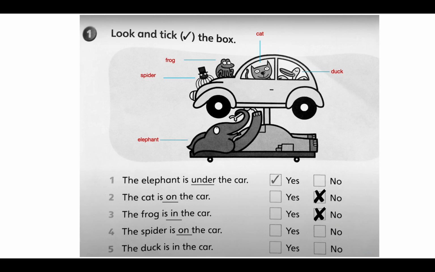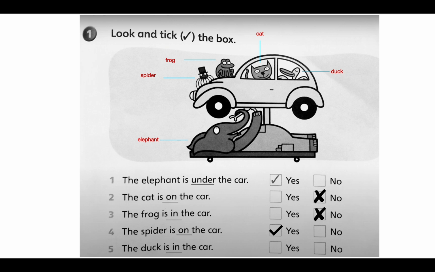Look at the underlined words. Tengok perkataan yang bergaris ini. On. On maksudnya di atas. The spider. Spider maksudnya laba-laba. Laba-laba di atas kereta. Betul ke laba-laba di atas kereta? Yes. Laba-laba di atas kereta. And the last one.